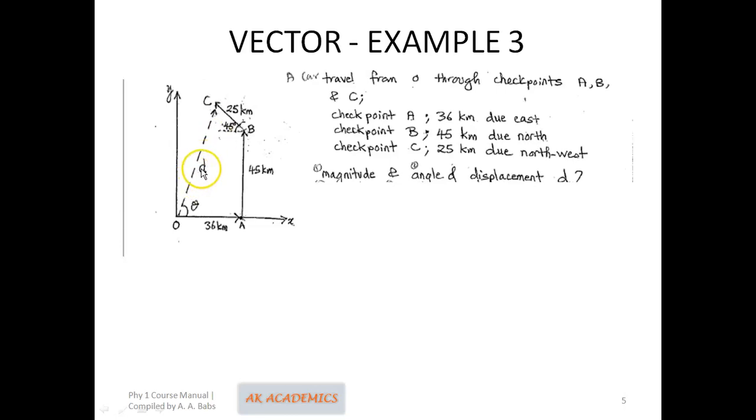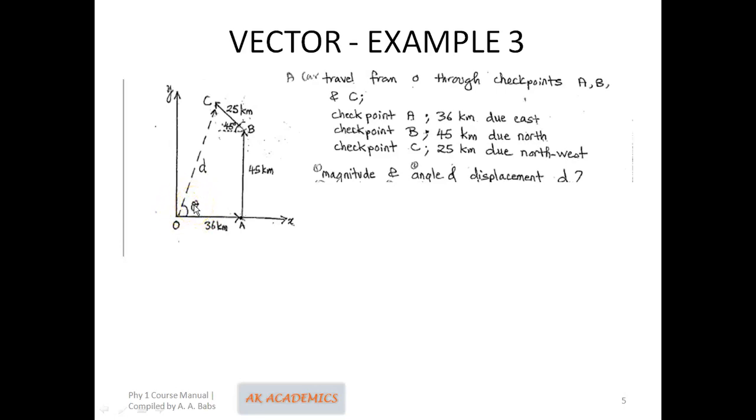We represent that with D, and then the angle of displacement will be the angle between the line he made when he started the journey and when he ended the journey. This is going to be the angle of displacement, called theta. What we are looking for in this question is the magnitude of D, and also the angle of displacement theta.